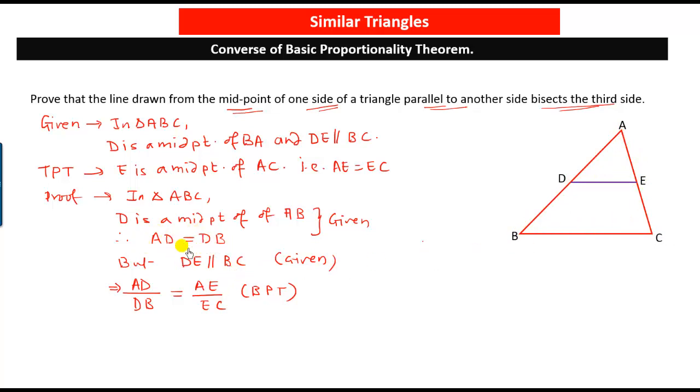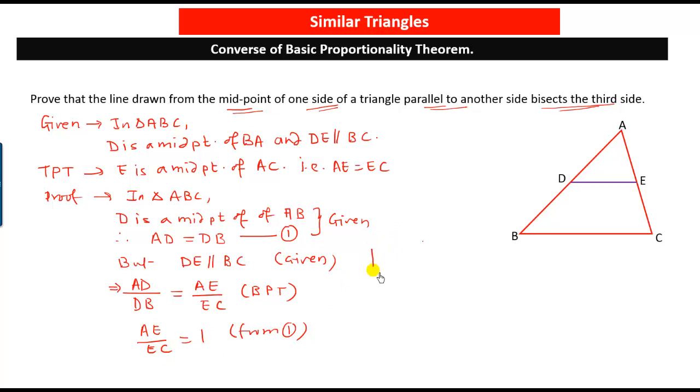But here AD is equal to DB, let this be number 1. AD is equal to DB, so if we replace DB by AD, then this AD will get cancelled and we will get AE upon EC, that is equal to 1 from 1.